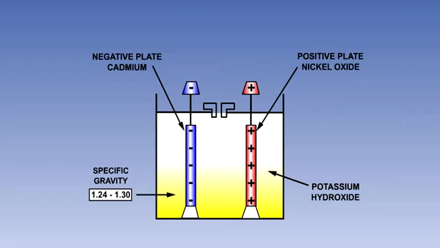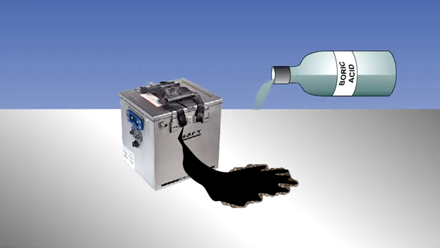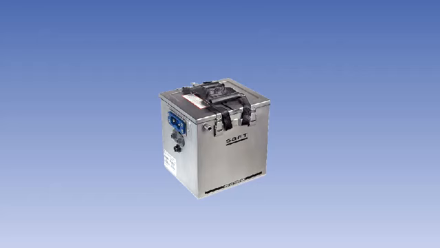The specific gravity of the electrolyte is in the range of 1.24 to 1.30. Again, the electrolyte can be highly corrosive. The neutralizing agent to be used in case of a spillage is boric acid. However, the cells are all enclosed in a sealed metal container, so the risk of a spillage is very small.